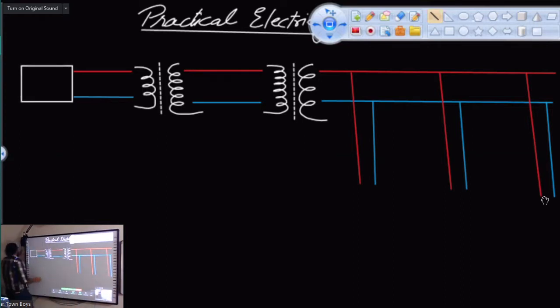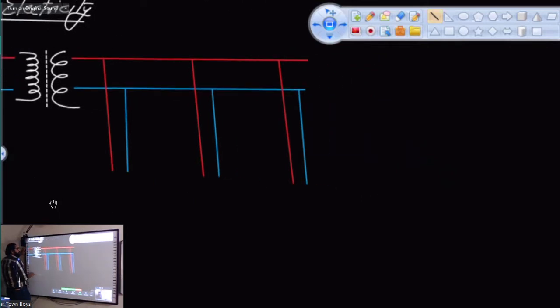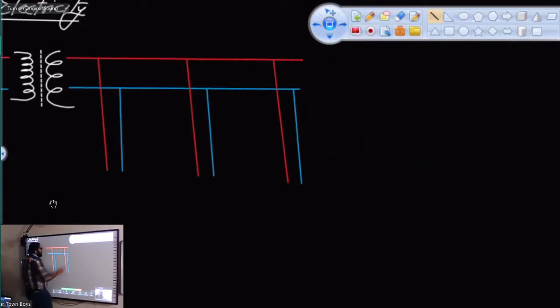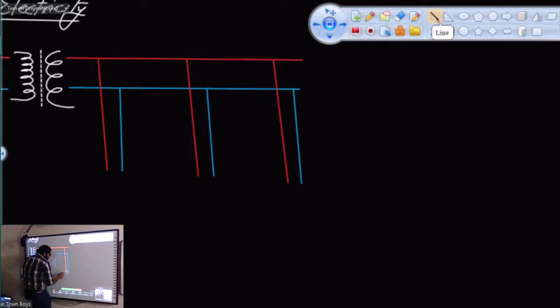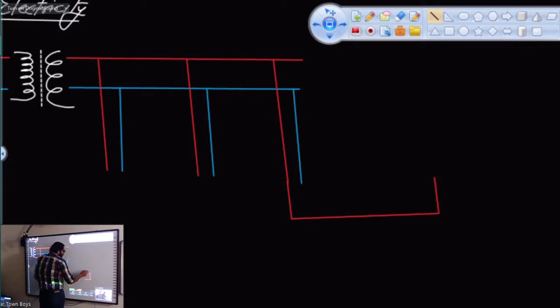And then I'm going to make an elaborated formation of one of the circuits, which I've shown you over here. Now I'll bring that, what you call the earth wire, at this point.